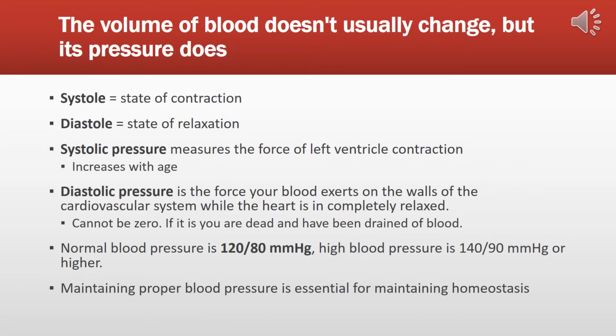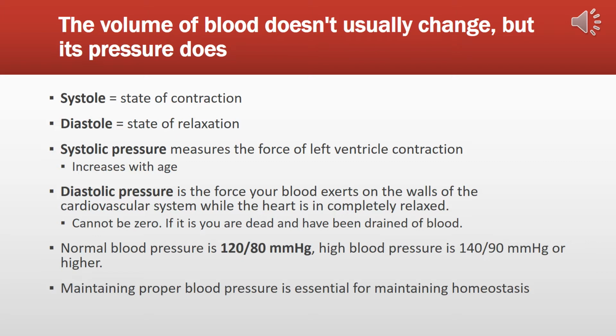Now we're going to talk about the typical blood pressure changes that occur in the heart. So I don't know if I did such a good job describing what these words mean in the last slide or two, but systole means the state of contraction, and diastole means a state of relaxation.